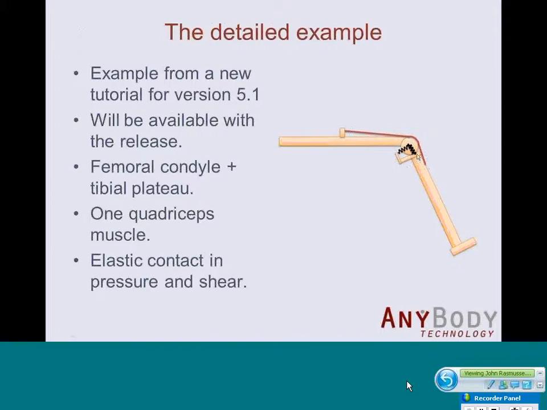This contact condition is such that it is elastic. There's one elasticity represented by this spring that I'm pointing to here, which is normal, or perpendicular, to the tibial plateau. And then there's another one, which is the elasticity in the direction parallel to the tibial plateau. Obviously, these have different elasticities.